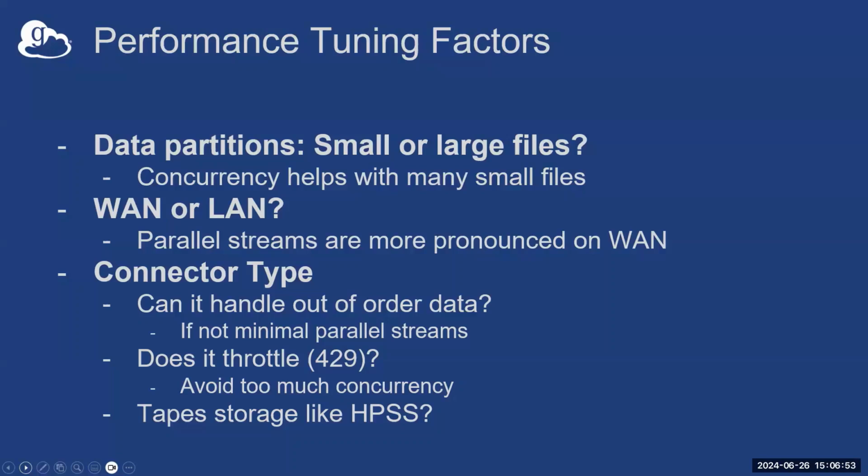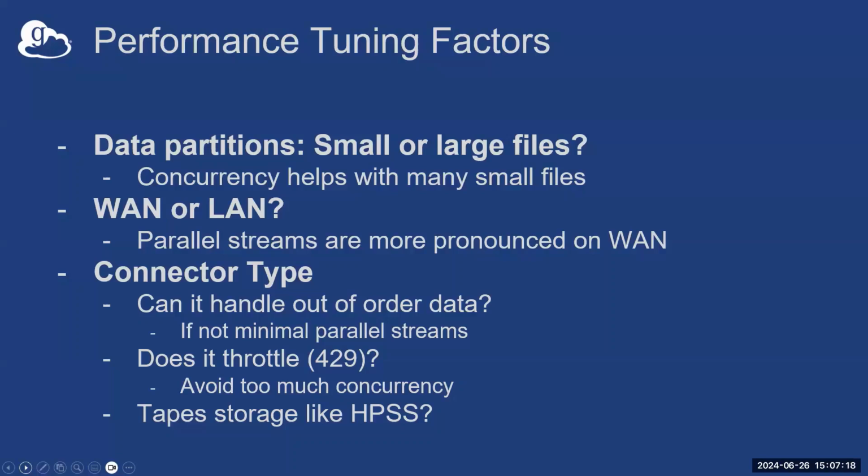Well, POSIX can handle that pretty well. It can seek around a file, no problem. HPSS tape system, not as well, right? Parallel streams necessarily put things out of order. Your data is going to arrive at the receiver in chunks throughout the file, out of order. So there's going to be a bit of seeking there. I mean, we have things to mitigate that, but it's still something to consider.